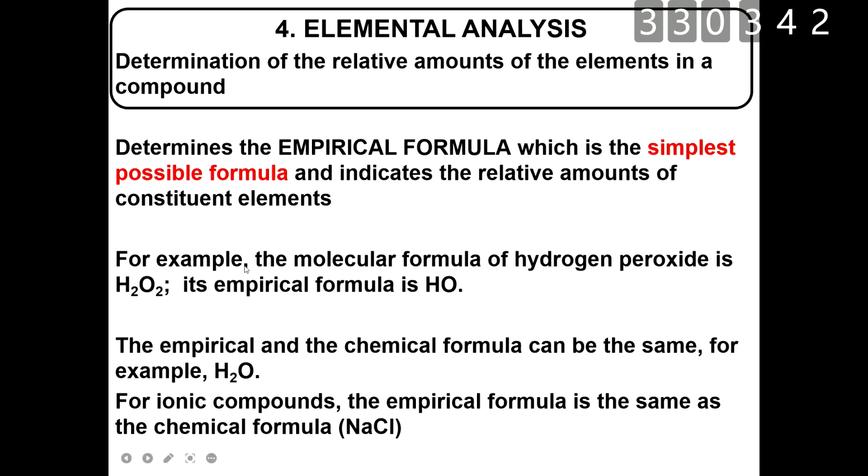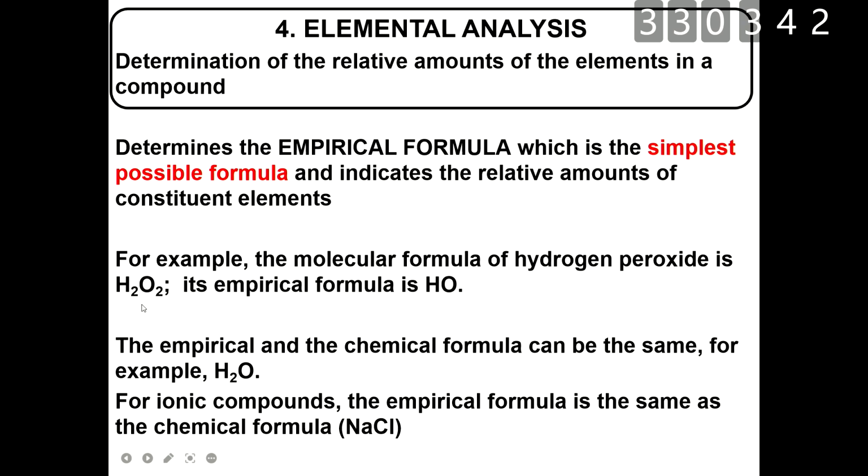Anyway, for example, the molecular formula of hydrogen peroxide is H2O2. We know it is a chemical formula. It's also like one molecule, right? But its empirical formula is HO.